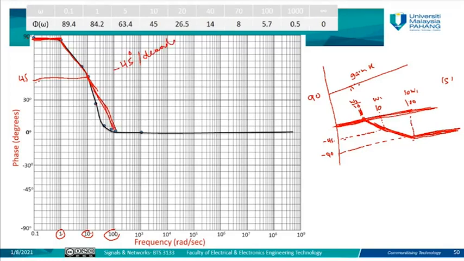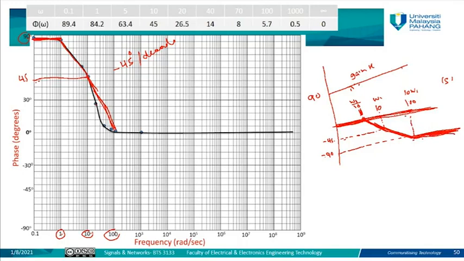Then what happened at this point at 100? At 100, we have another line here. Its value is negative 90, and my line on the top is positive 90. If it is positive 90 here and negative 90 here, and both are horizontal lines, the result will be 0 here.